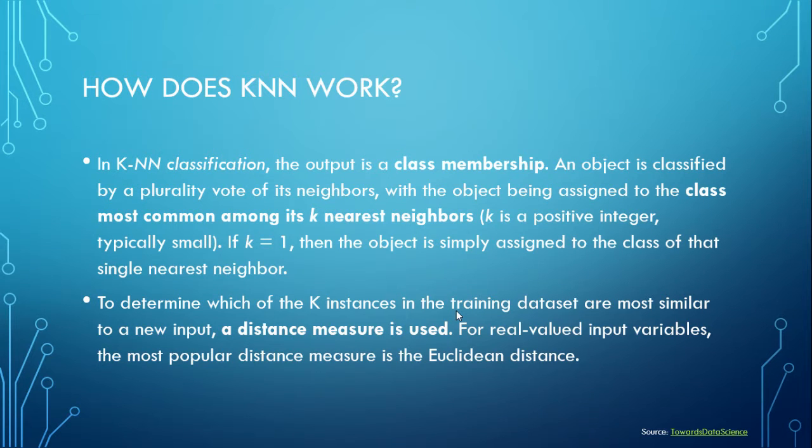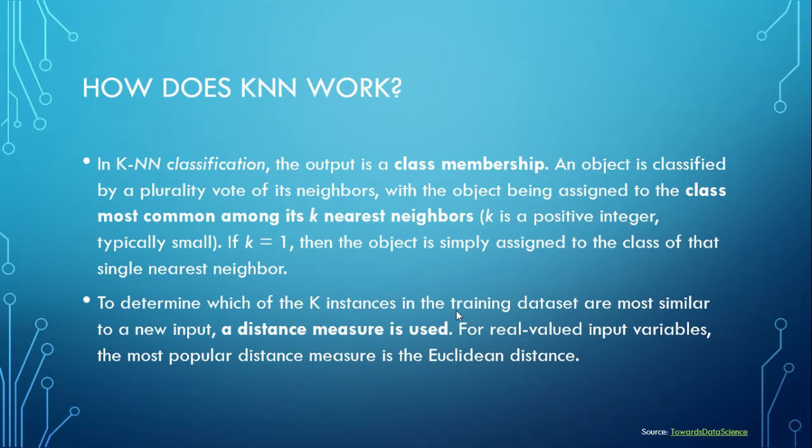The k-nearest neighbor classification is based on classifying your input data into output classes, and the number of classes, which here is called k, is determined by the elbow curve, which we will get to in some time.